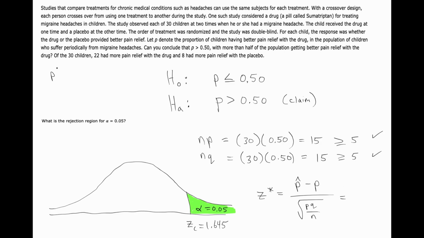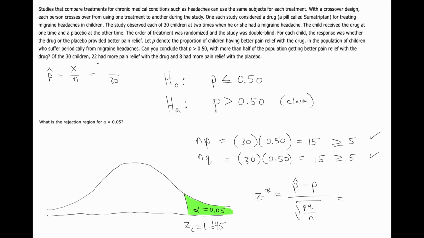So we've got to find our p hat. P hat is going to be x over n. X is the number of successes in the study, so that would be 22. N is the sample size. 22 over 30. We could turn that into a decimal.